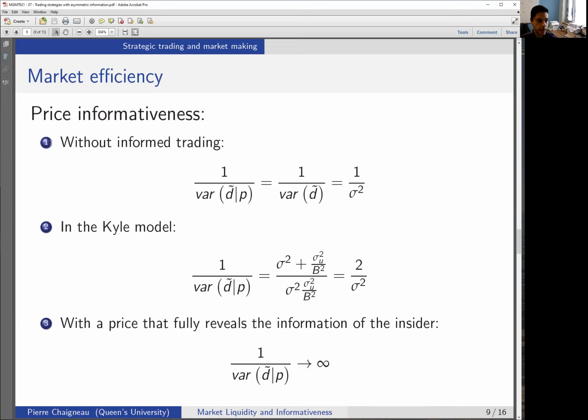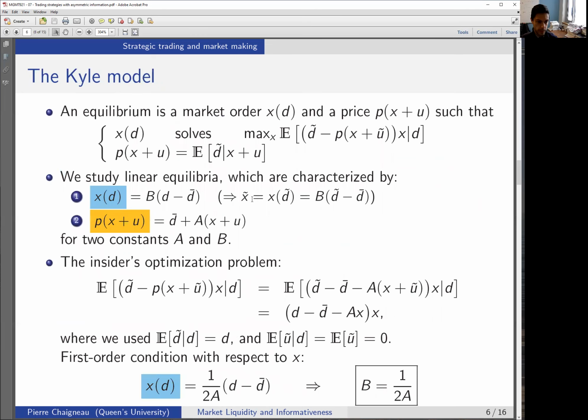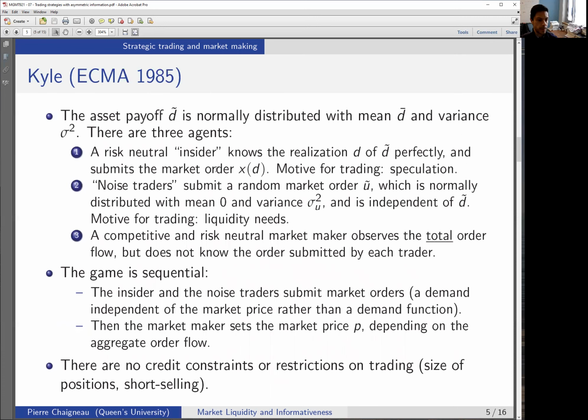There's two polar cases, cases 1 and 3, and then there's what happens in this model. So in the first polar case, this is the case without any informed trade. Okay, so remember here, the only informed agent is the insider. And let's say that the insider is not trading.